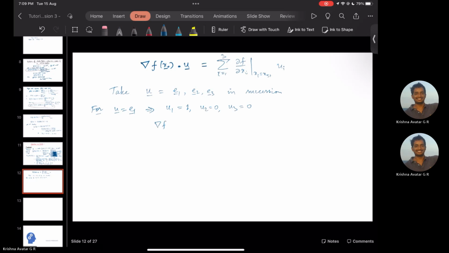So what we'll have is the derivative at x naught along e1 is equal to, we'll just have the partial with respect to x1. Fine, you can see that clearly. Likewise, for this, we have u1 equal to 0, u2 equal to 1, and u3 equal to 0.